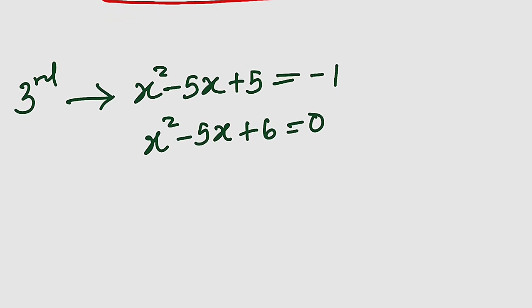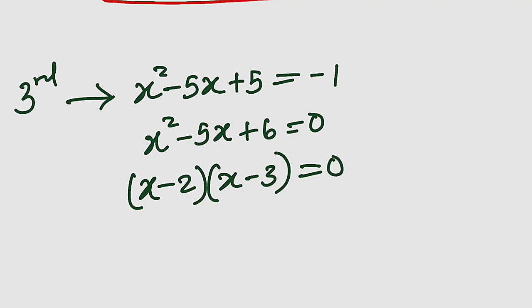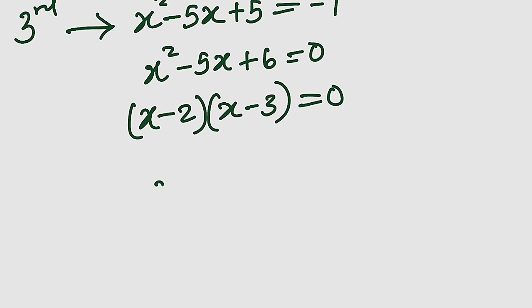Let us think of two numbers we can multiply to get 6, and when we add them, we get -5. And the numbers are what? -2 and -3. So (x − 2)(x − 3) equal to 0. Set each factor to be 0. We have x either equal to +2 or x equal to +3. So these are the values of x, but we have to test whether they are going to set our exponent to be an even number.